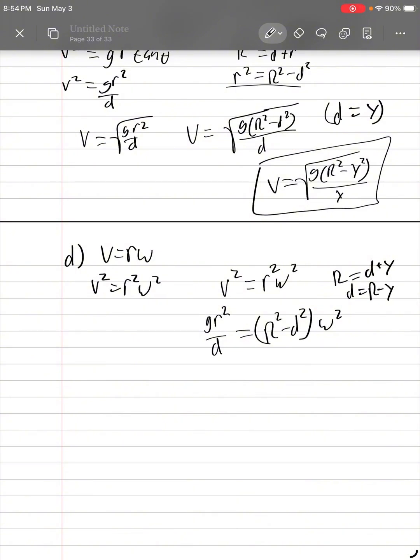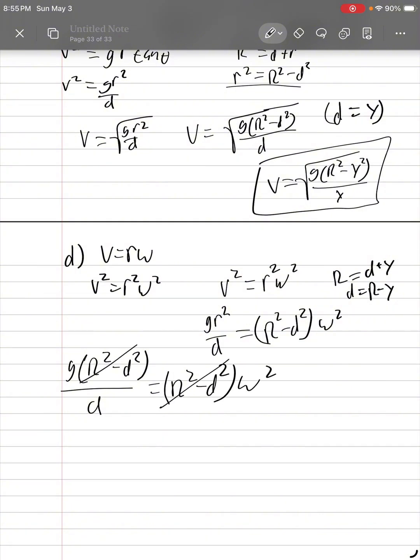And now from using that, we're going to substitute it in later. So first things first, I'm going to take g r squared and substitute big R squared minus d squared and put that over d is equal to R squared minus d squared times omega squared, so that we can cancel those two out.